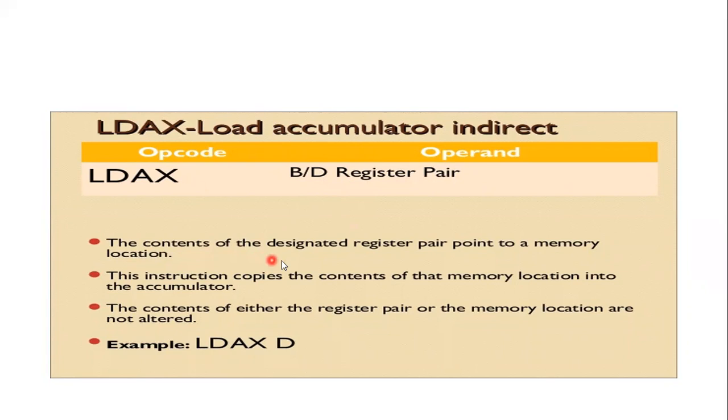So here the content of the designated register pair points to the memory location. This instruction copies the content of that memory location into the accumulator. The content of either the register pair or the memory location is not altered, which remains the same. So an example is here, LDAX D.